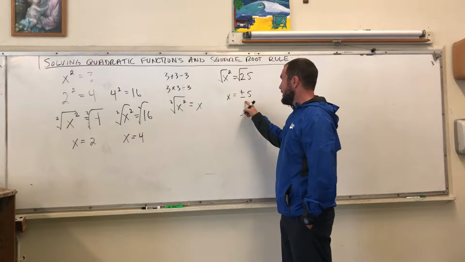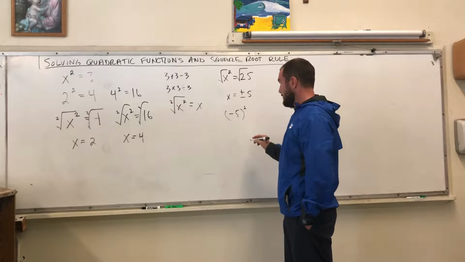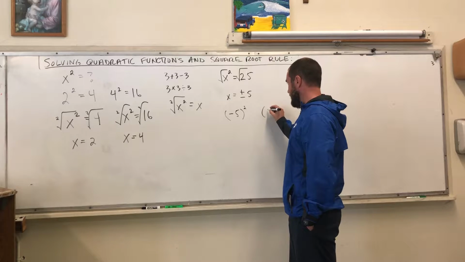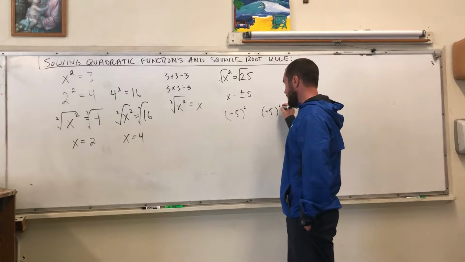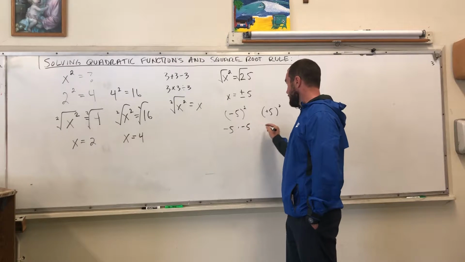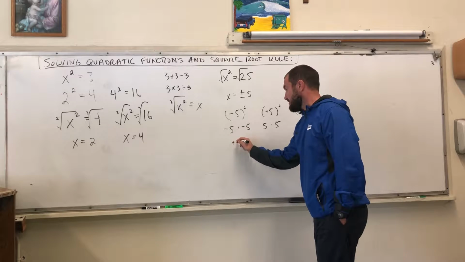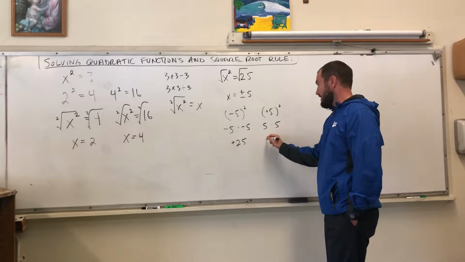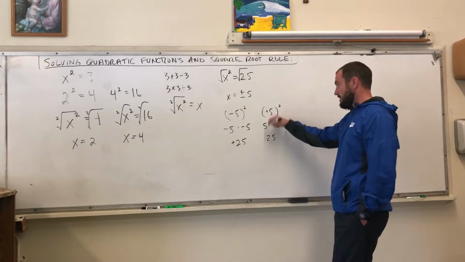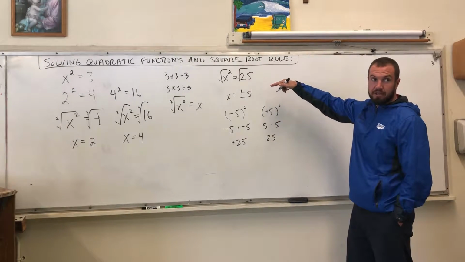Well, the understanding is if I put in a negative 5 for x, or a positive 5 for x, I'll get the same result. Negative 5 times negative 5, 5 times 5. Both negative, negative, positive 25, or I'm sorry, positive, positive 25. That's where that plus minus comes into play, right?